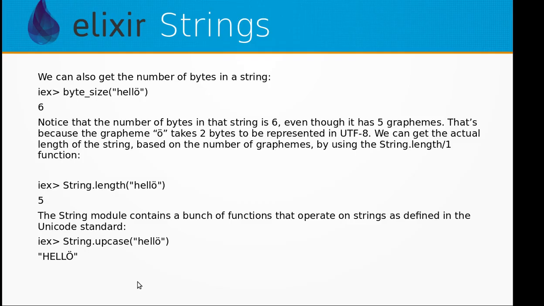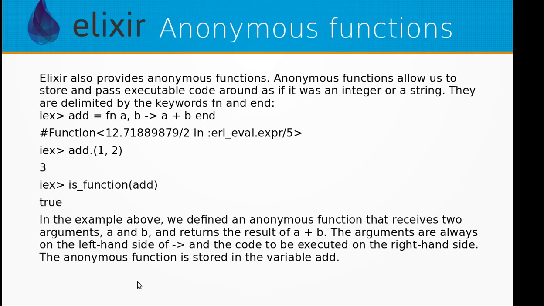Now let's look at the concept of anonymous functions. Elixir also provides anonymous functions. Anonymous functions allow us to store and pass executable data or code around as if it was an integer or string. They are delimited by the keywords fn and end.